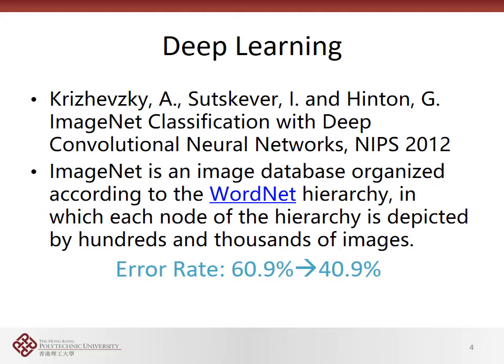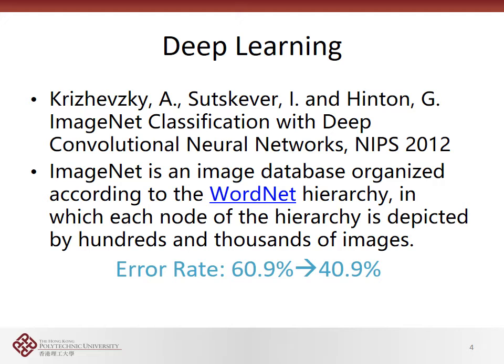The classification task is that in ImageNet, there are a large number of classes of images. For example, images containing houses, persons, pets, trees, or other classes.